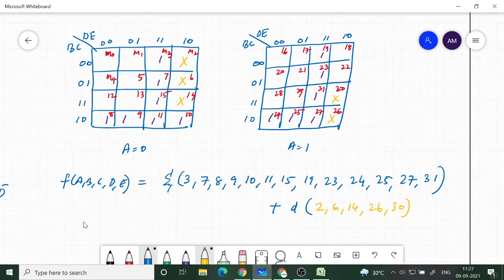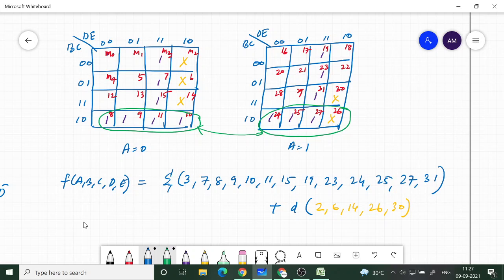So what is the biggest group you can make? Okay, combined.